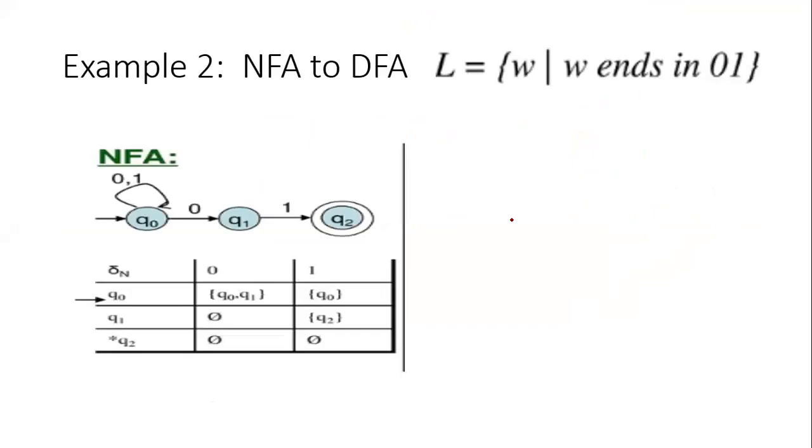Have another example; make this a homework. Students, make a note of it. Here the NFA diagram is given with Q0, Q1 and Q2. How can I say this is an NFA?